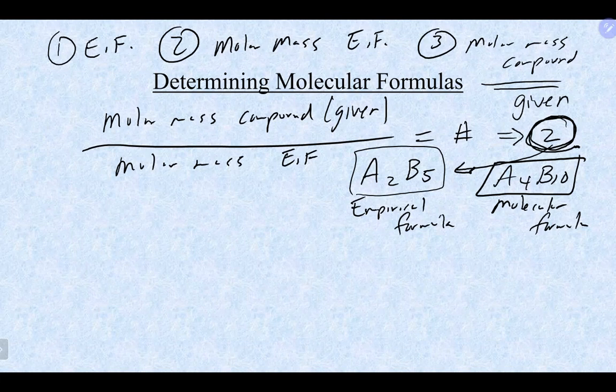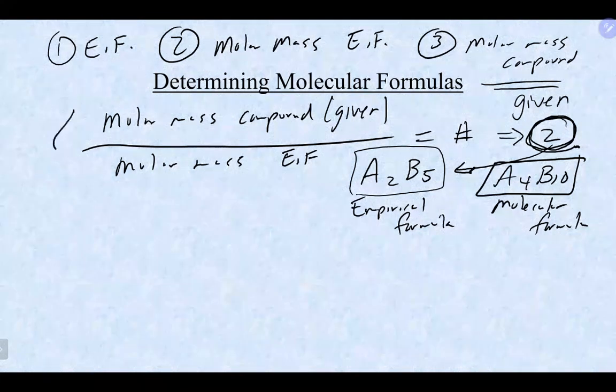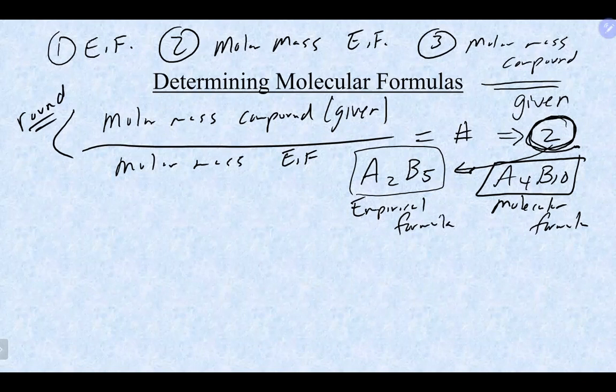It is okay when doing this division to round to the nearest number, because it really should be a whole number multiple of the empirical formula. Any questions on that one?